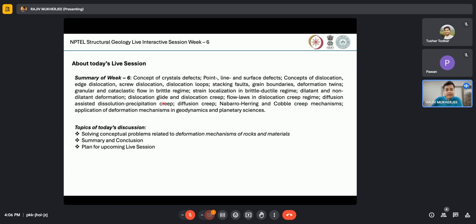And then for crystal plastic deformation mechanisms, we talked about dislocation glide and dislocation creep, flow laws in the dislocation creep regime, diffusion assisted dissolution precipitation creep, diffusion creep, Nabarro-Herring creep, and Coble creep mechanisms. Mostly we learned the basics of how the flow law is formulated, keeping in mind the energy balance of these flow laws.